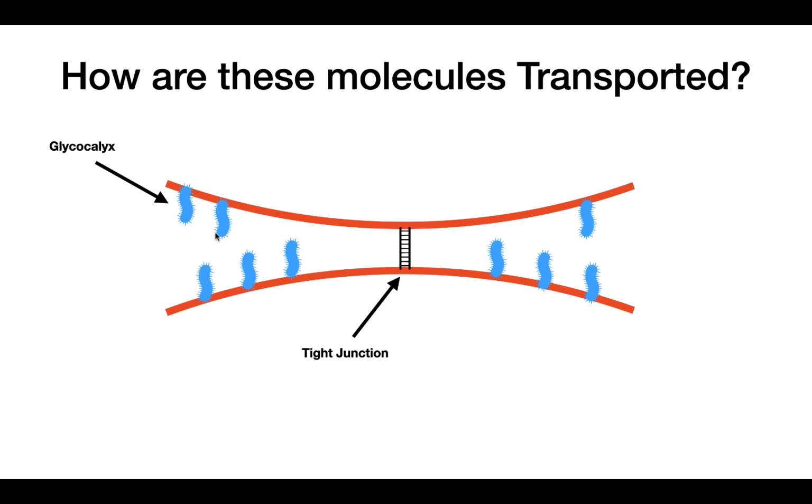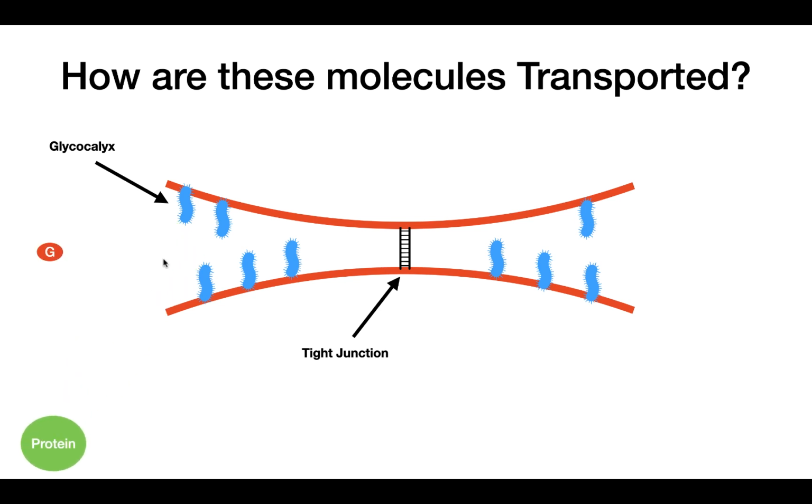To understand how the glycocalyx and the gap pore work, let's bring in a molecule. This is a protein, and as we can see, the protein is fairly big. When the protein gets near the glycocalyx, the glycocalyx prevents it from going through between the cells. So the protein will reflect right off of it.